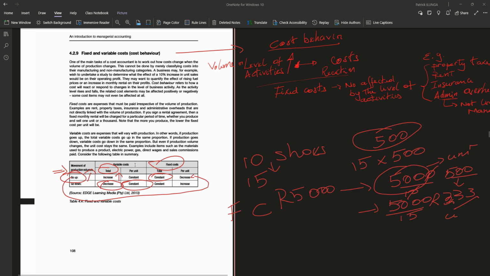But the fixed cost will be the opposite, right? The total fixed cost is always constant. You pay 5,000 rand for rent, it remains a constant cost that you need to pay, right? But depending on the amount that you are producing, the unit cost will either increase or decrease.